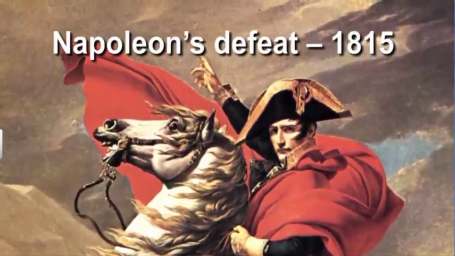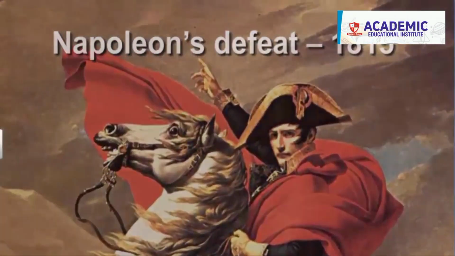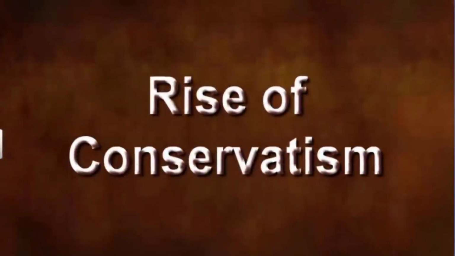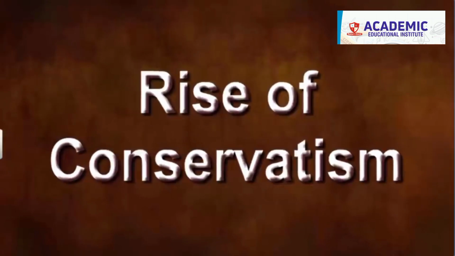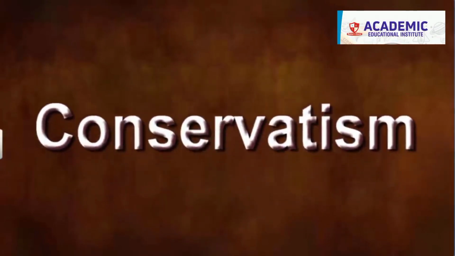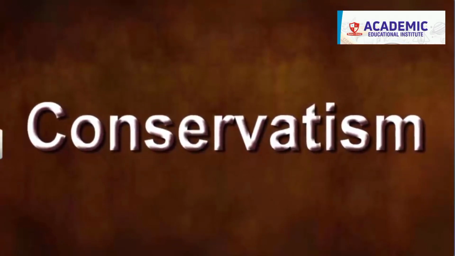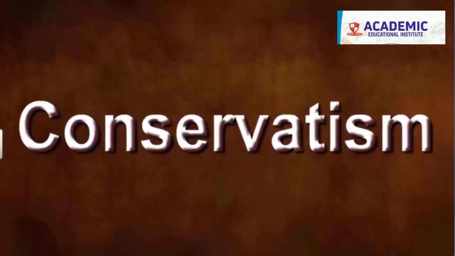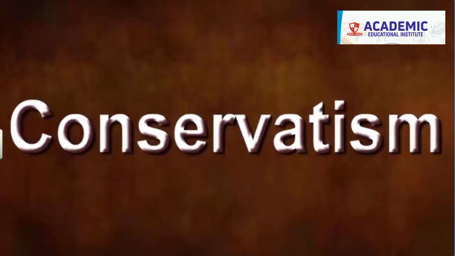This steered the European governments towards adopting the idea of conservatism. Let us understand the term conservatism. It was a political philosophy that stressed the importance of tradition, established institutions and customs, and preferred gradual development rather than quick change.